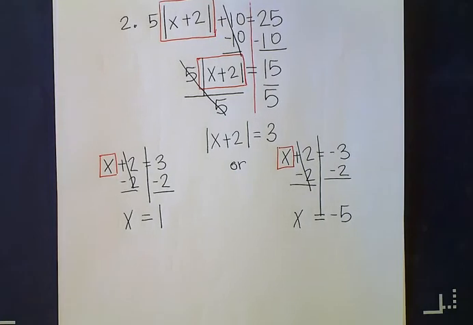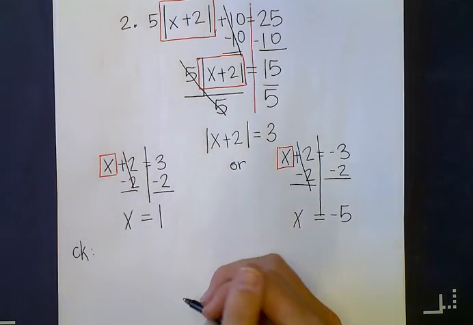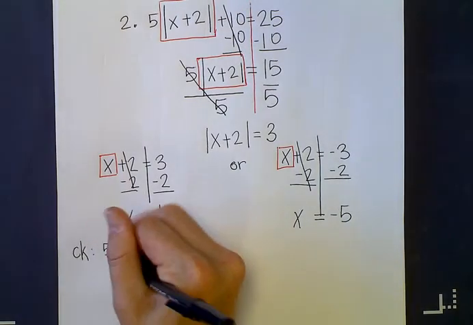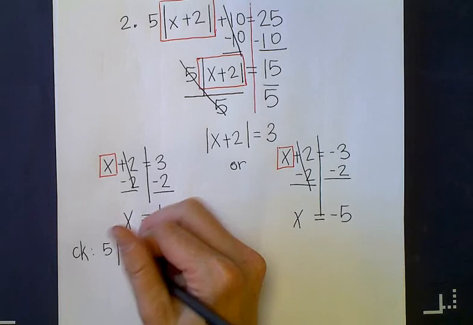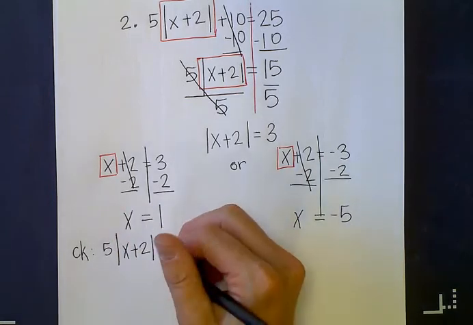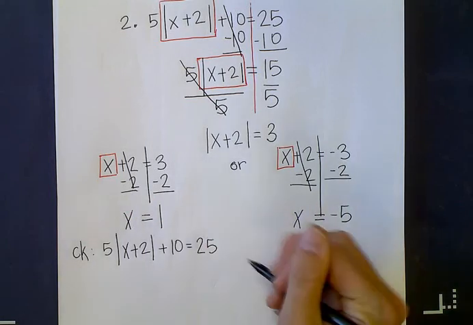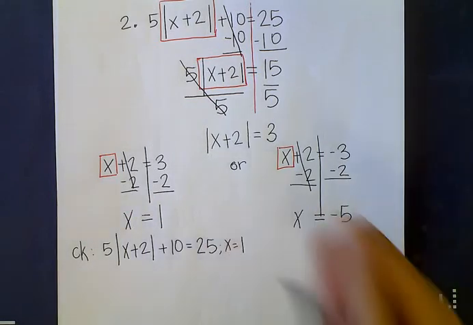Your last step is to check. To check, you use your original equation. 5 times the absolute value of the quantity x plus 2, plus 10 equals 25. And we'll first check for x equals 1.